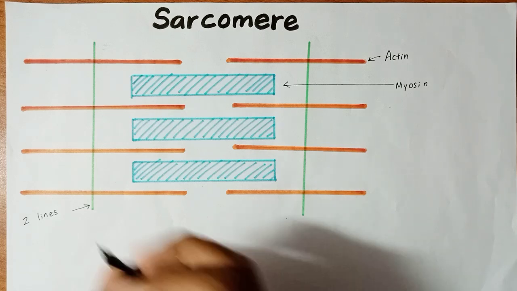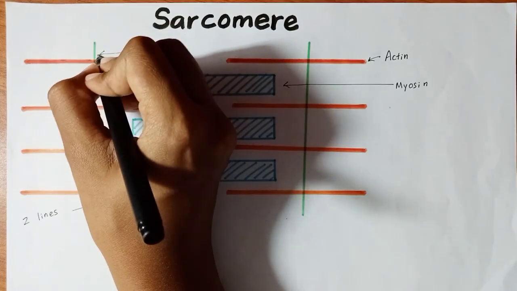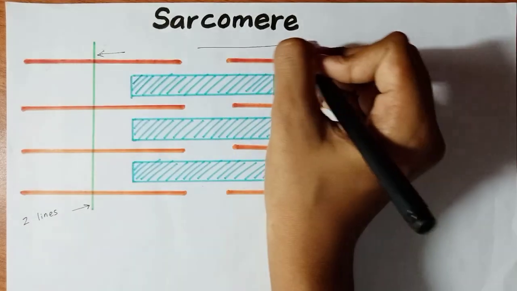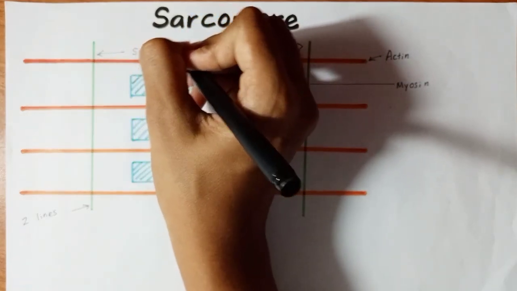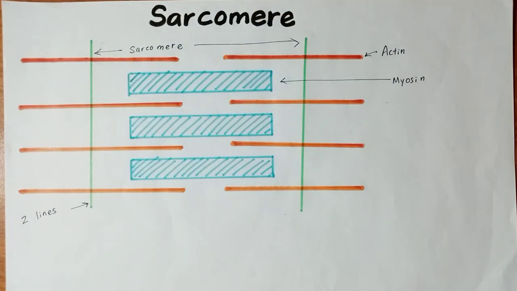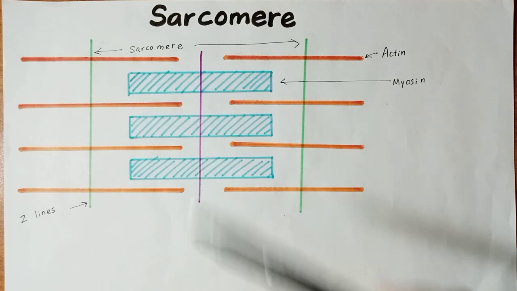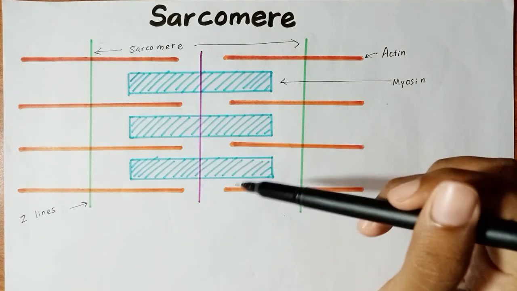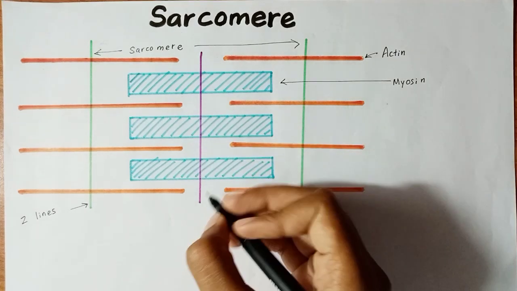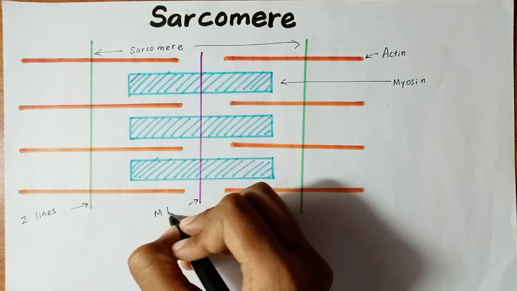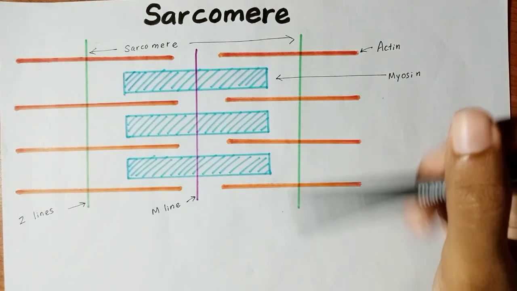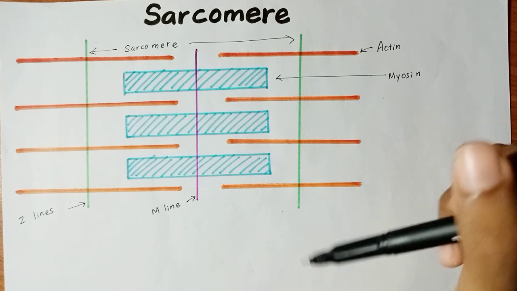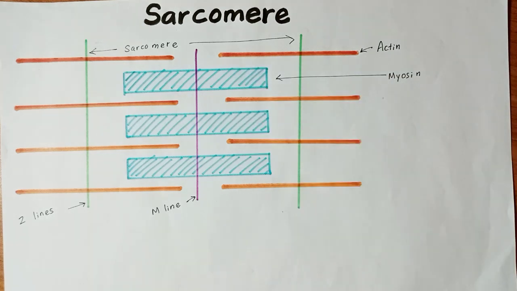So, between these two Z lines is known as the sarcomere. And here, through this purple color line, you can see the M line. So this M line is the protein that connects neighboring thick filaments.